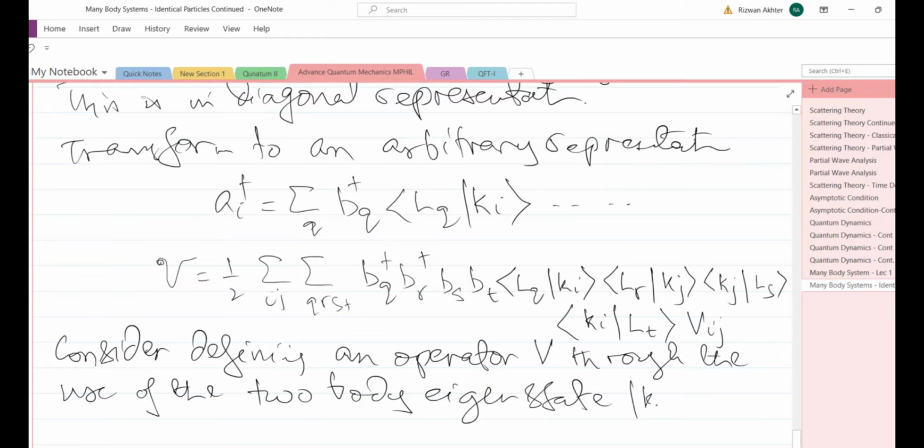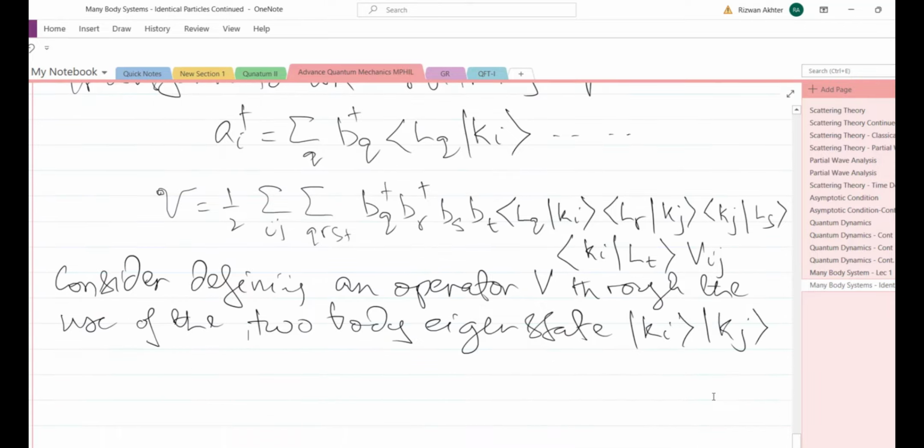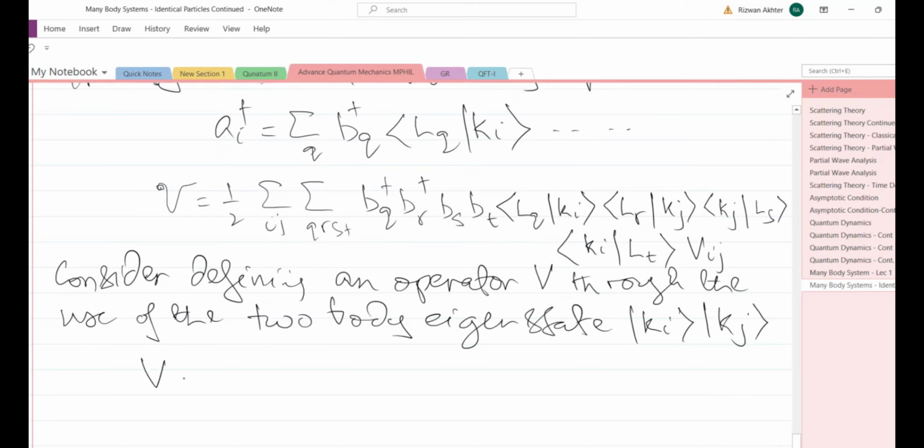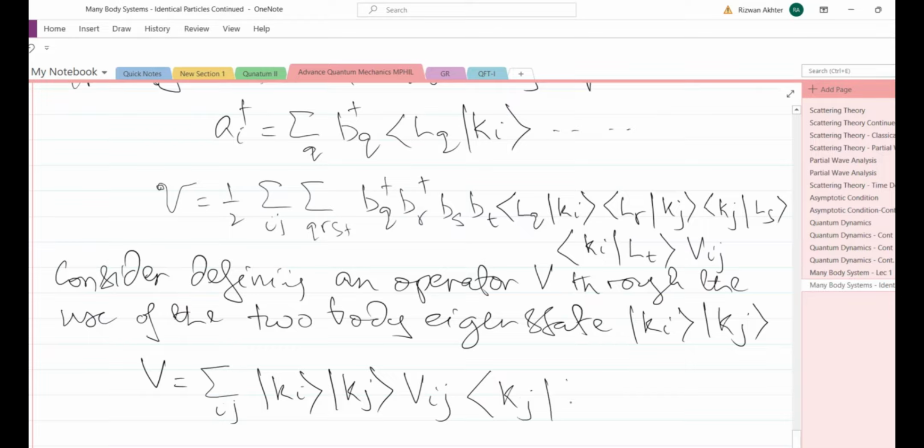And what is the two-body eigenstate? Ki, Kj. This is the two-body eigenstate. And this operator that we can define, what could it be? V operator, summation over i and j, we have Ki, Kj, and then there is Vij, and then we have Kj, Ki.